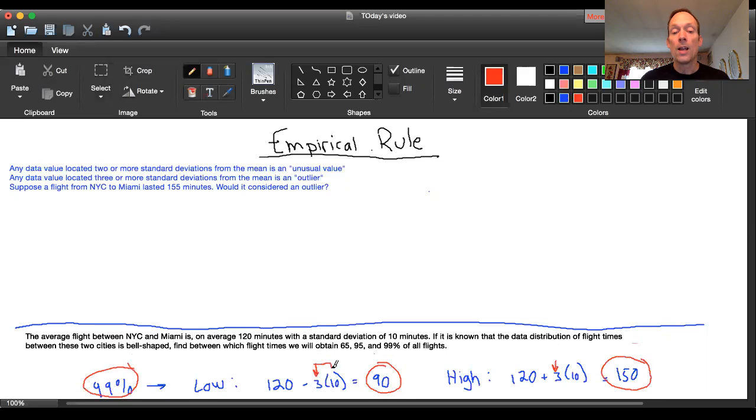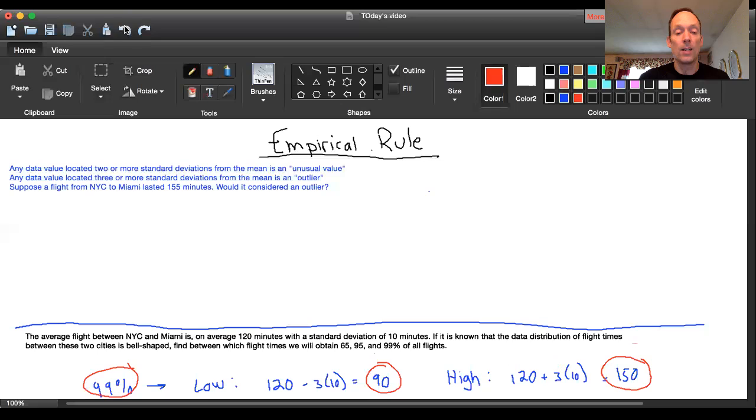And remember that 3 standard deviations tells us that we need to move 3 units of 10, because our standard deviation is 10, which they gave us in the exercise. So we're going to take that 155 minutes and compare it to the 150, and we're going to ask, are we above that break where 150 is? And of course, we know that 155 is larger than 150, so our answer right away is going to be yes, that number is definitely going to be considered an outlier.